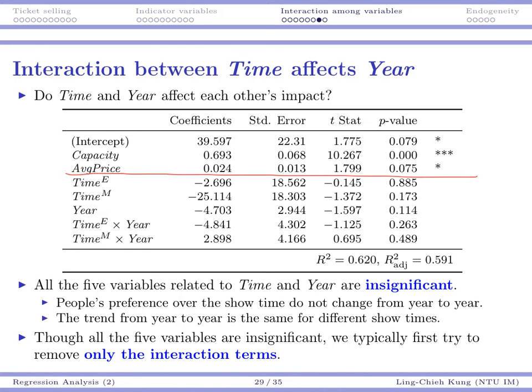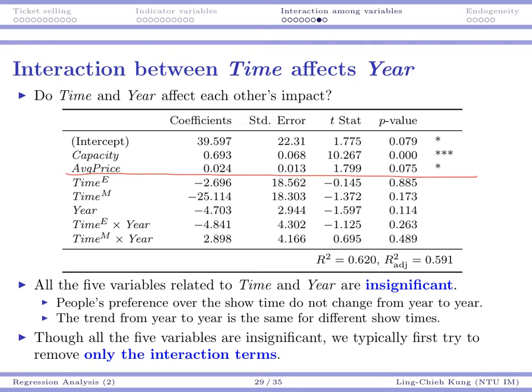So, though all the variables are insignificant, we typically do not remove them at the same time, right? Here, if we remove all of them, we lose the information from time and year. That's actually useful. So, you probably remember, if we only remove the last two variables, then time and year will go back to our model with a significant impact.